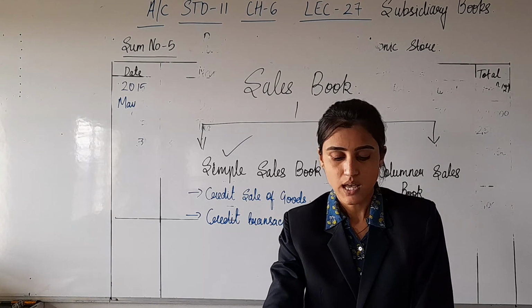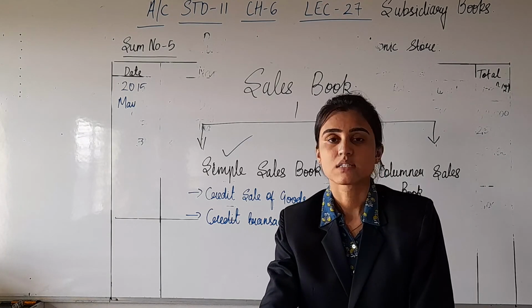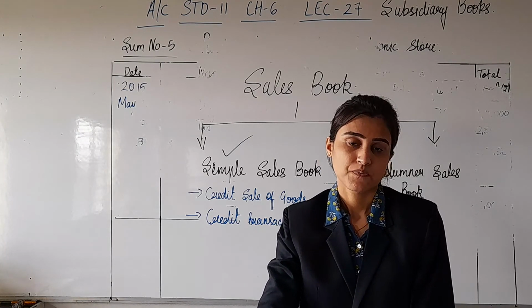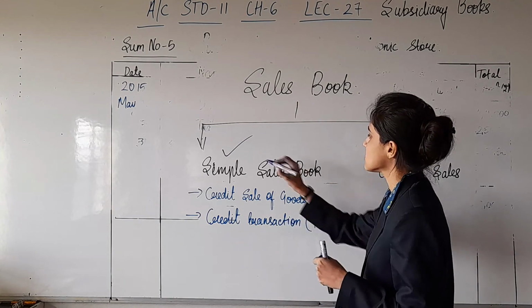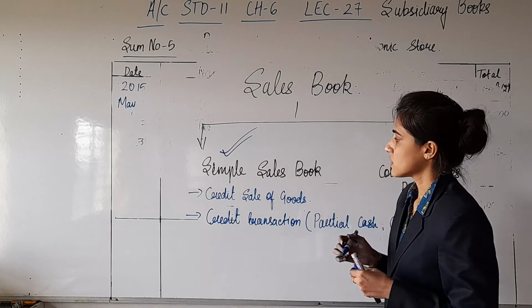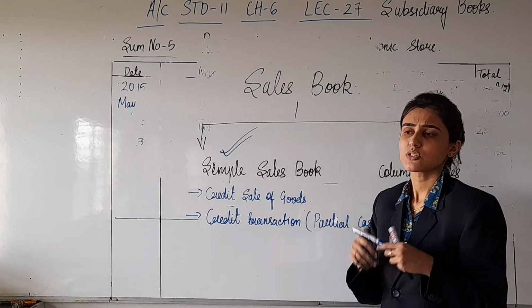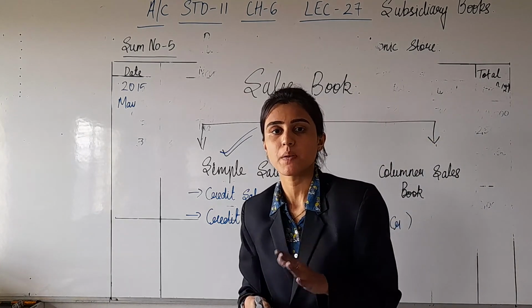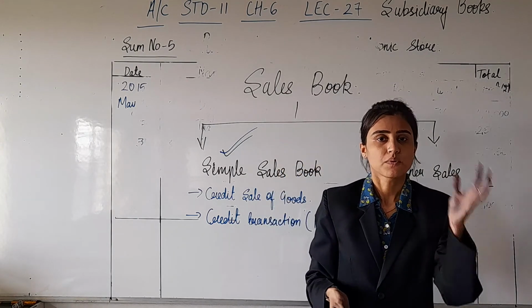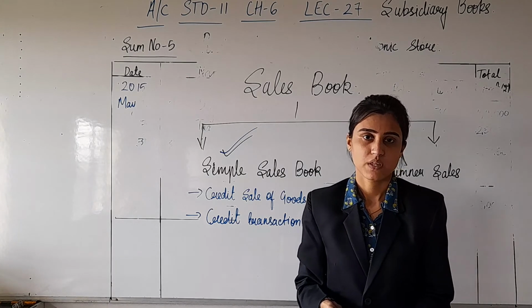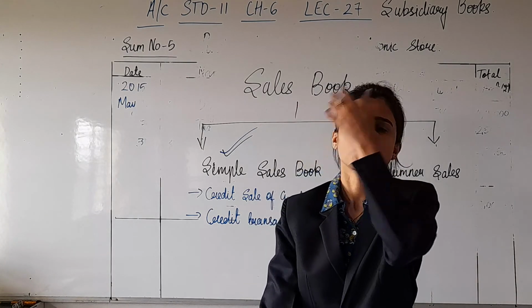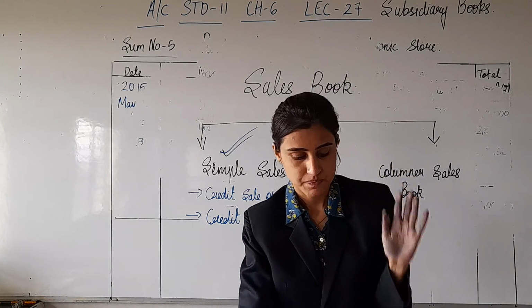Then LF. Lastly, amount. This is the specimen that we've understood about simple sales book, which is similar to the specimen of simple purchase book, except the outward invoice number and the name of customer. And rest of the rules remain same.